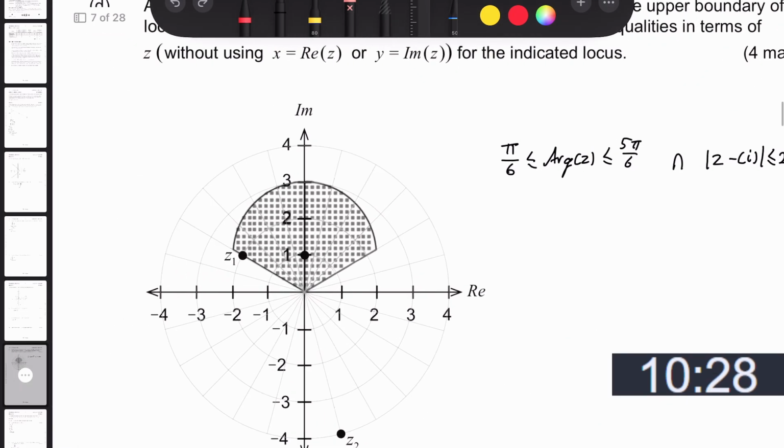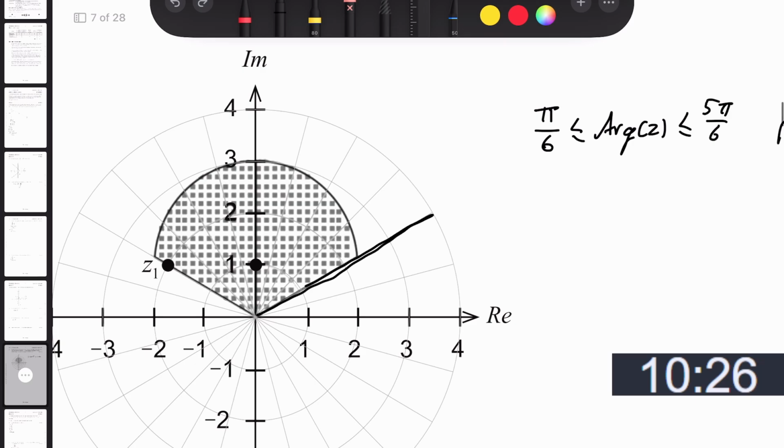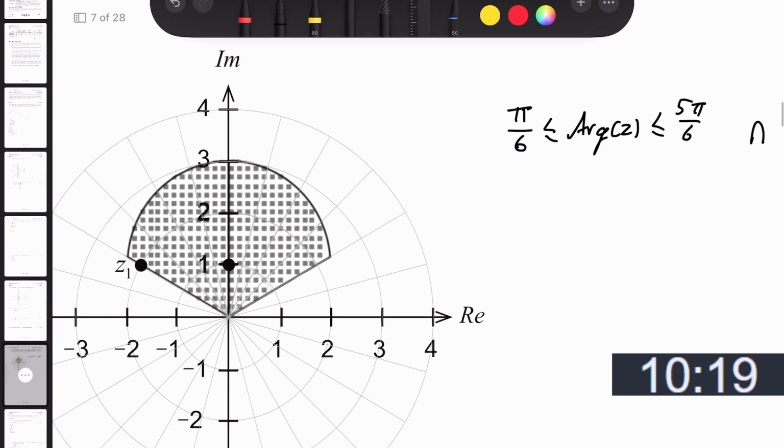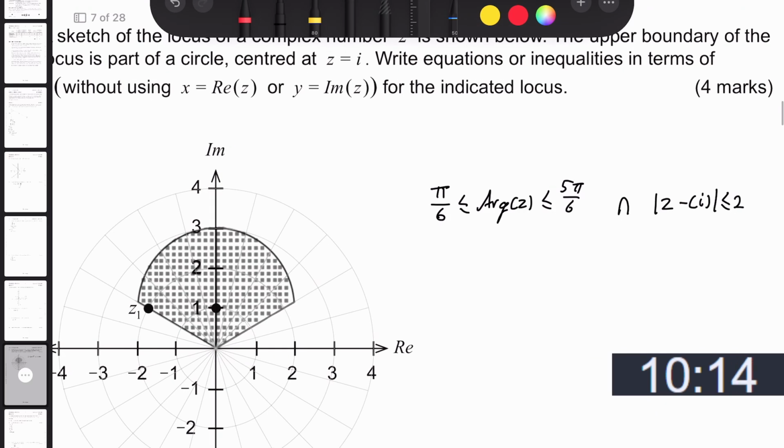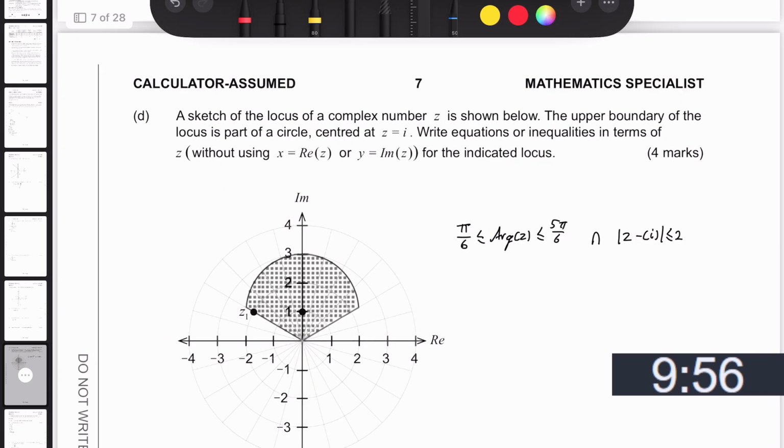Let's see, pi on 6, which is this guy, that's 2 pi on 12. It's going to be 5 pi on 12, so it has to be greater than, yep, argument of z. And then z minus 1 has to be that, okay. Has to be less than 2.